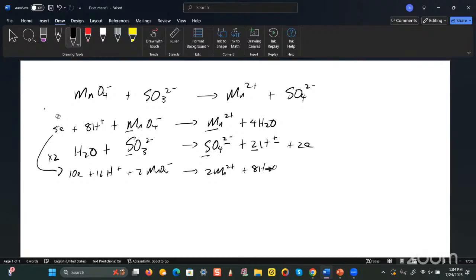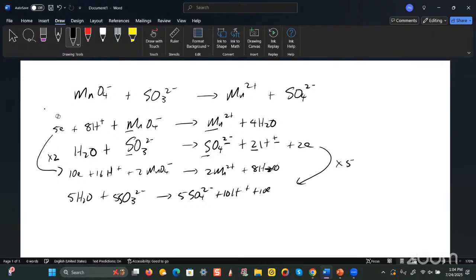And then as Mr. Medina suggested, we have to multiply that equation by 5. So when we do that for the second half equation, it's going to be 5 H2O plus 5 SO3 2-, to give 5 SO4 2-, plus 10 H+ plus 10 electrons.